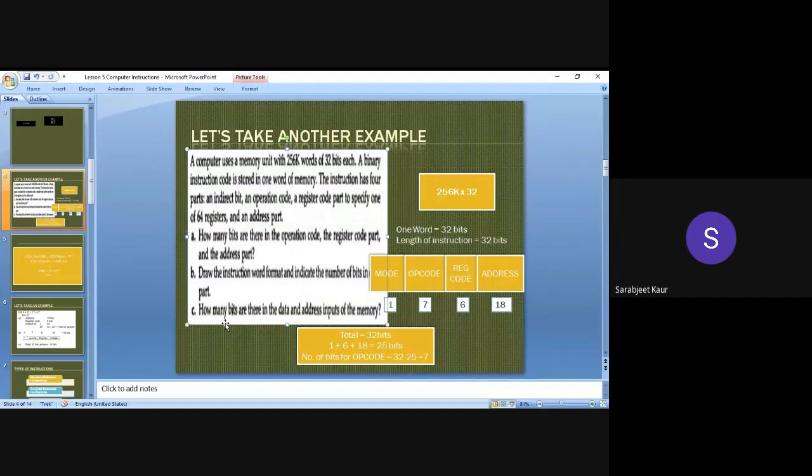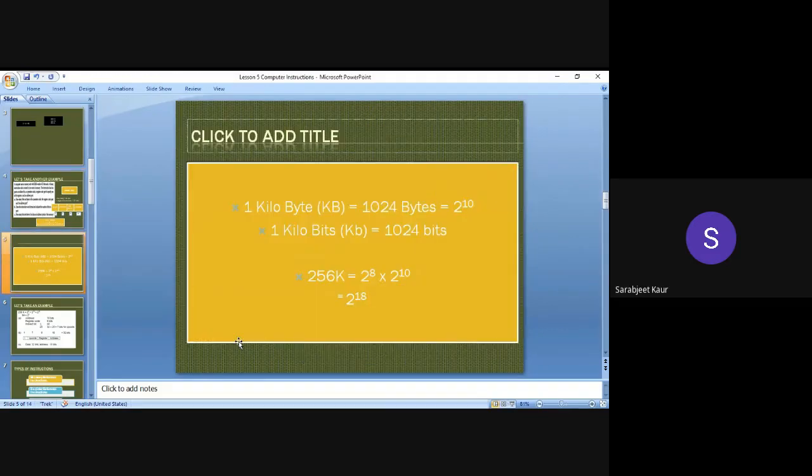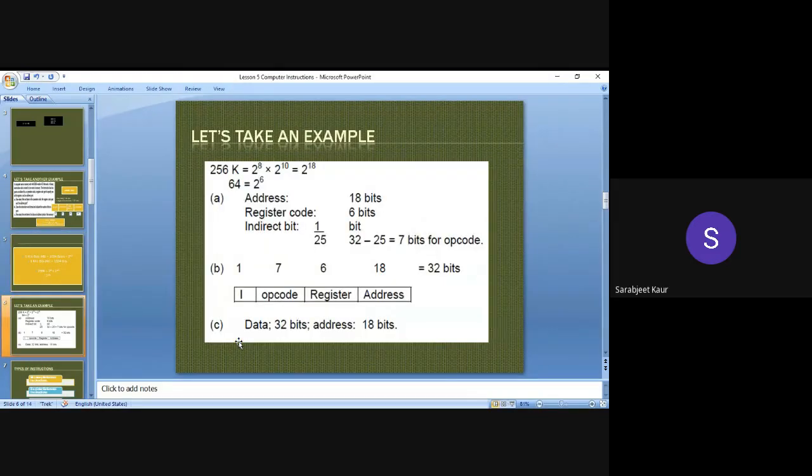Next is how many bits are there in the data and address inputs of the memory. Anybody who would like to tell me what is meant by this question?